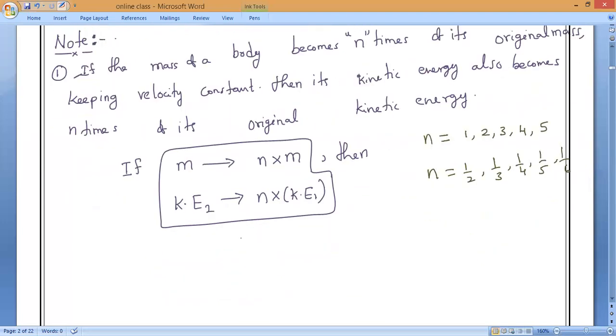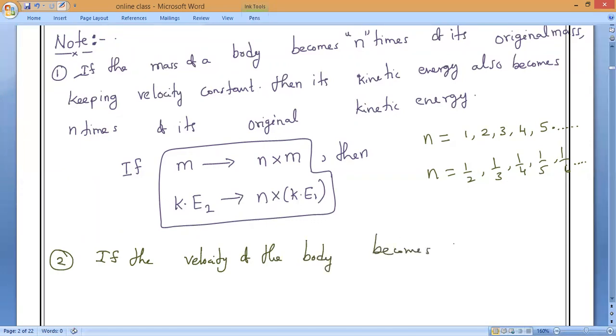That is the reason I'm saying. Is it okay, everybody? Yes, please. That is next. Second point. If the velocity of the body becomes n times its original velocity, keeping mass constant.